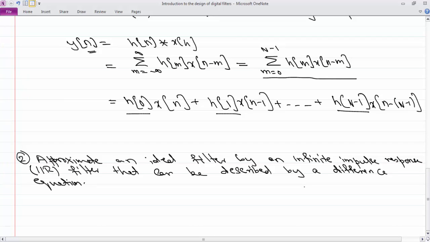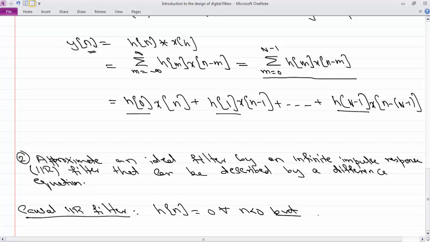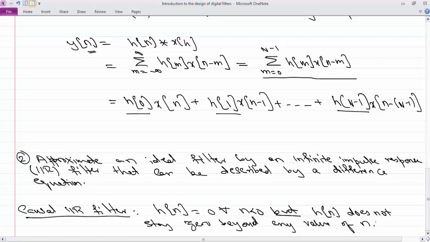So what is an infinite impulse response filter, especially if we talk about a causal IIR filter? That is, of course, h[n] equal to 0 for all n less than 0, but h[n] does not stay 0 beyond any value of n. So it keeps on going.